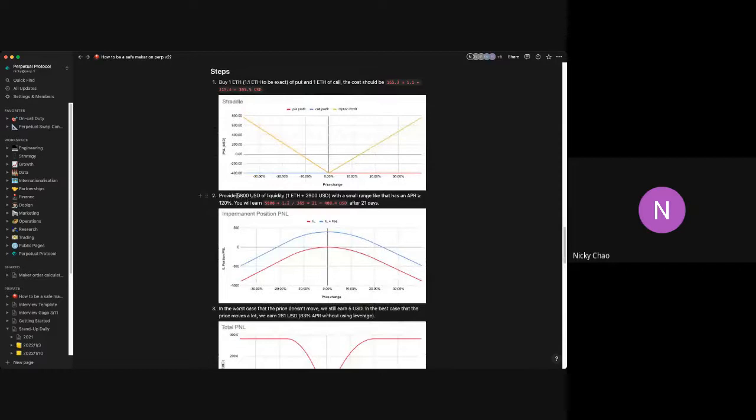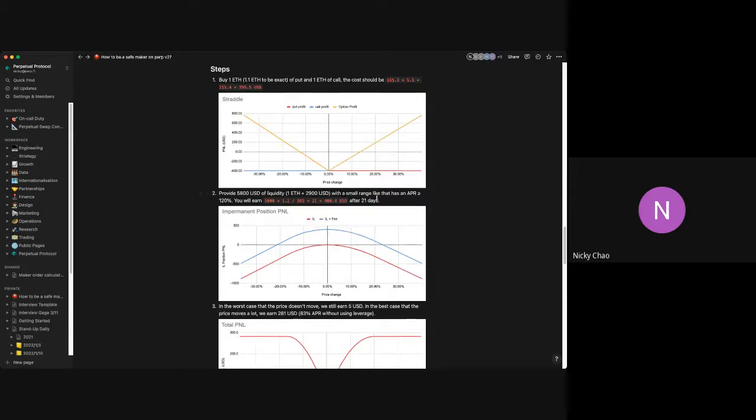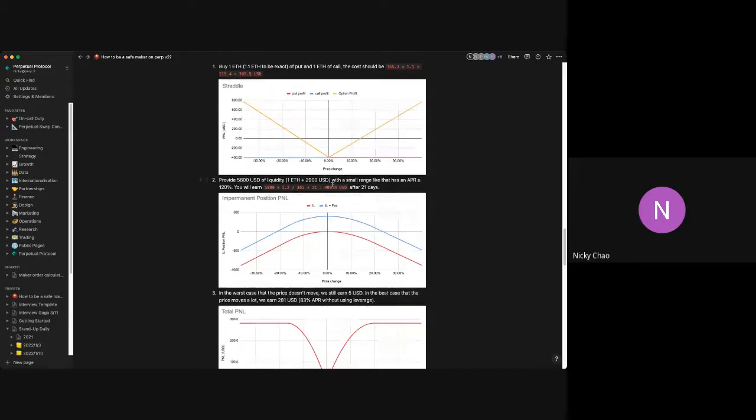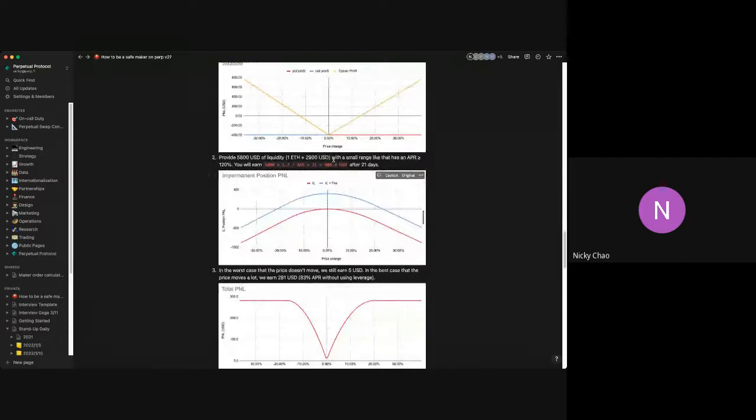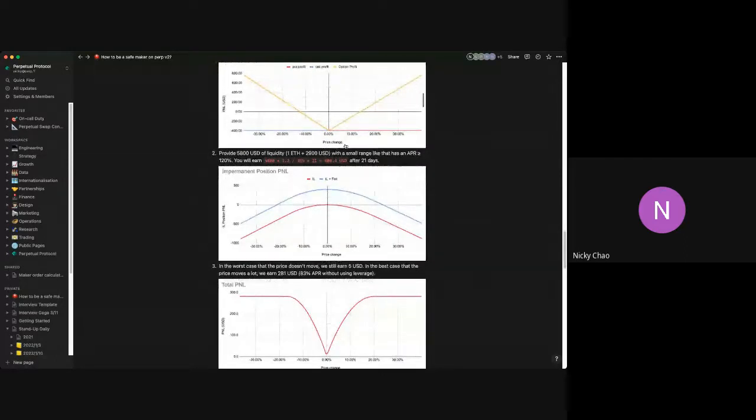On the maker side, we will provide 5,800 liquidity, which is equal to 1 ETH plus 2,900 US dollars. And we assume that the APR is 120%. So we will earn around $400 after 21 days. That means the maker fee we earn will basically cover the premium.